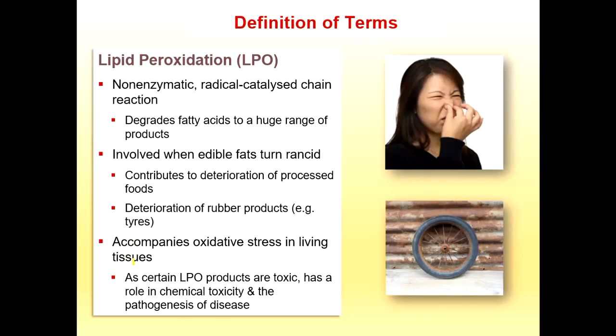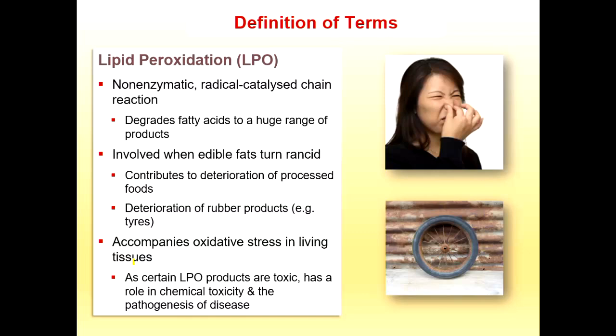That's because of the release of volatile substances during this process of non-enzymatic breakdown of lipids in fat. So this process is a determinant of the shelf life of processed foods. That's one reason why food producers put synthetic and naturally occurring antioxidants in food, so that we can ship them all around the world to different markets.